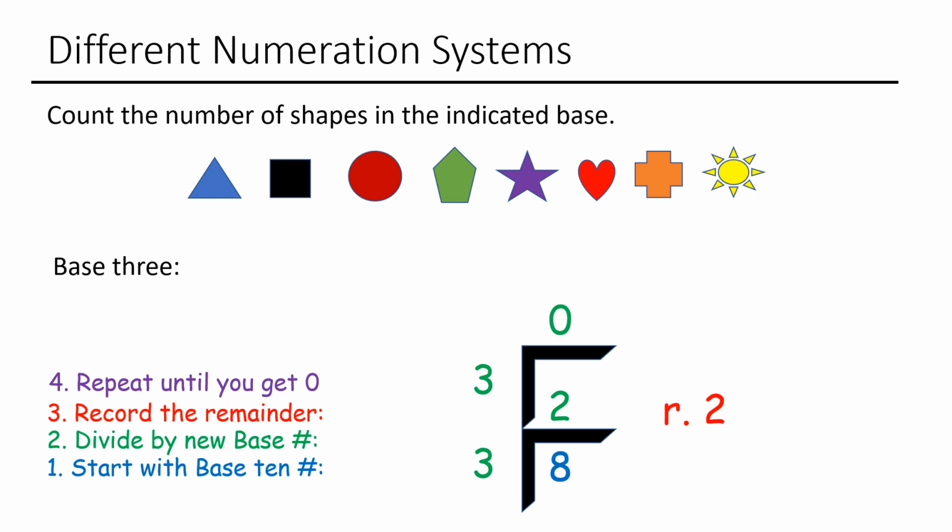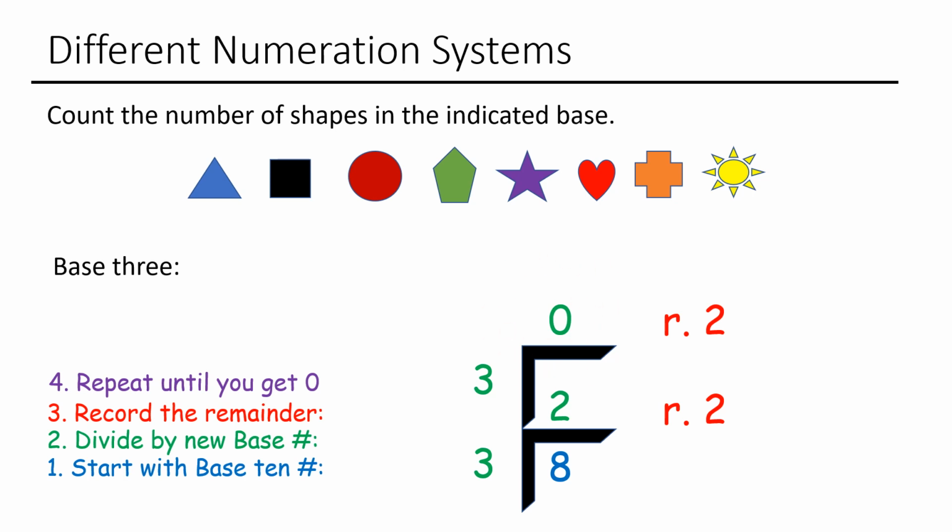That's the magic number, so we're almost finished. 0 times 3 is 0, and 2 minus 0 gives you a remainder of 2. Now you are done because you got a 0 here.